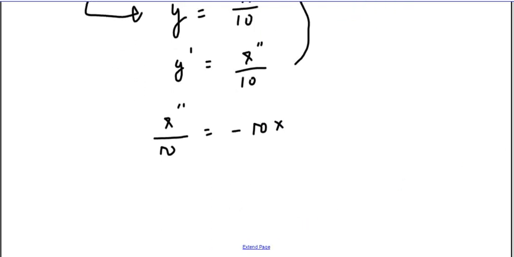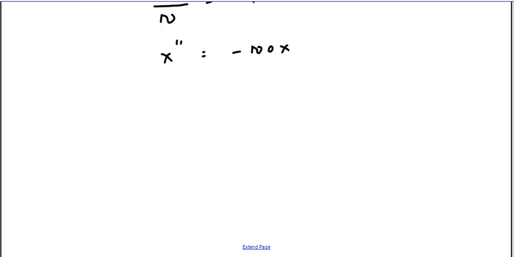And I'm going to end up with x double prime is minus 100x. Okay, one more time. x double prime plus 100x is equal to 0.